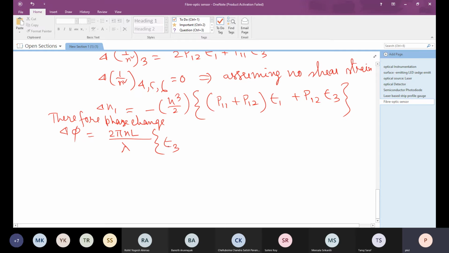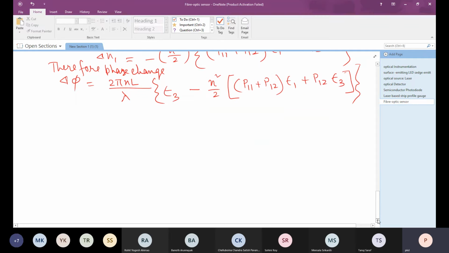So therefore this multiplied by epsilon 3 is the first component, and then we have minus n square by 2 into P11 plus P12 epsilon 1 plus P12 epsilon 3.